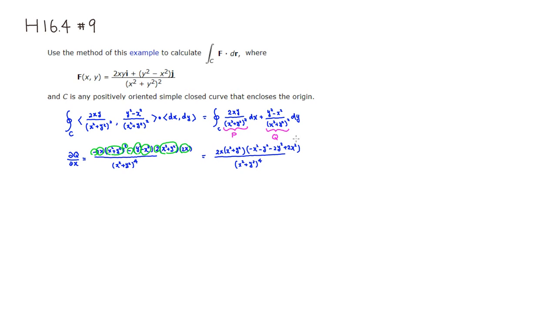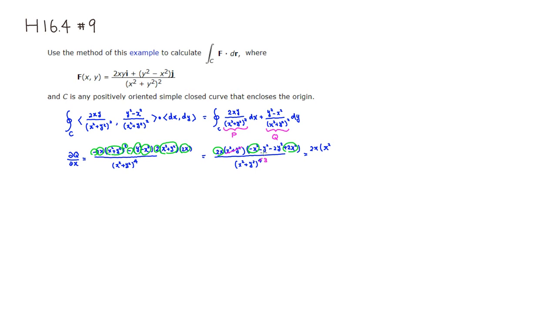One thing we can do is cancel x squared plus y squared. We have 4 of those, so we can turn that into 3. Then we can clean up a little bit. You have a 2x, and combining the negative x squared and the positive 2x squared, we have x squared.